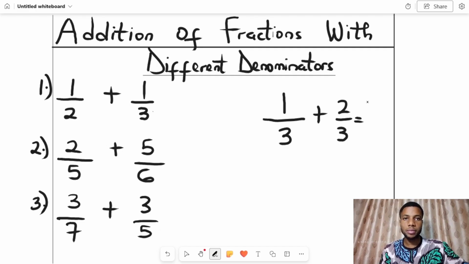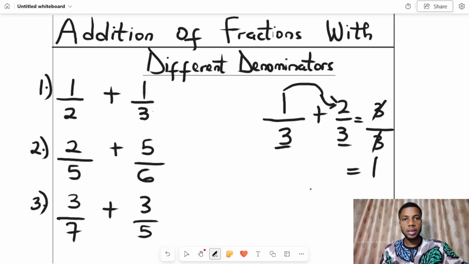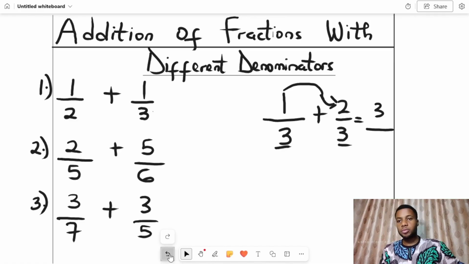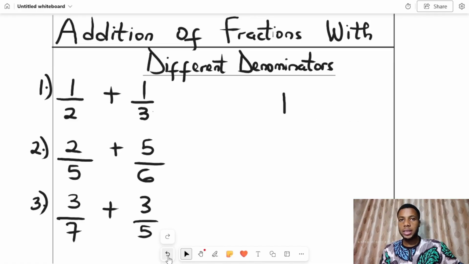Just 1 plus 2, that'll give me 3, and pick any of these threes here, 3 over 3. Easy peasy. In fact, you can take it a step further, 3 divided by 3 will give you 1.